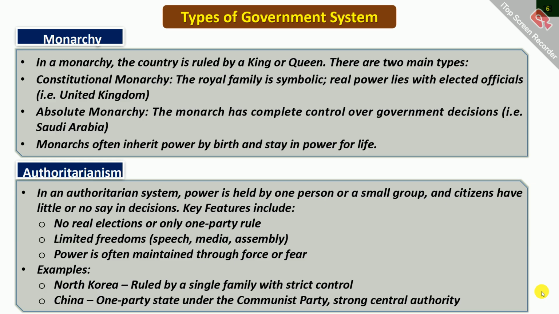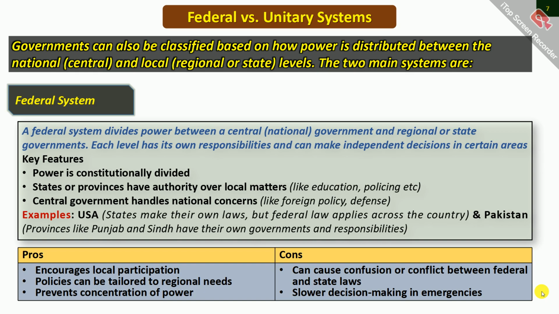Power is often maintained through force and fear. Examples of authoritarian systems include North Korea, that is ruled by a single family with strict control. Similarly, China, where there is a one party state under the Communist Party, and that has a strong central authority.